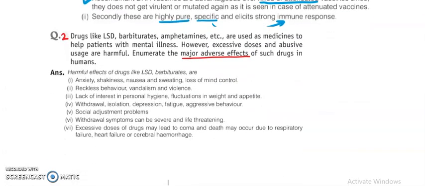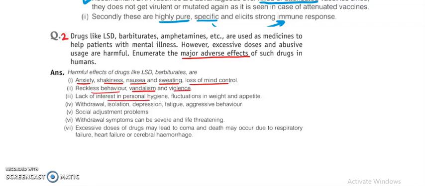So you need to include a few symptoms like harmful effects of LSD and barbiturates are anxiety, shakiness, means shivering in the body, every time it feels like vomiting, which is known as nausea, sweating, loss of mind control, reckless behavior, vandalism, violence are also being seen.